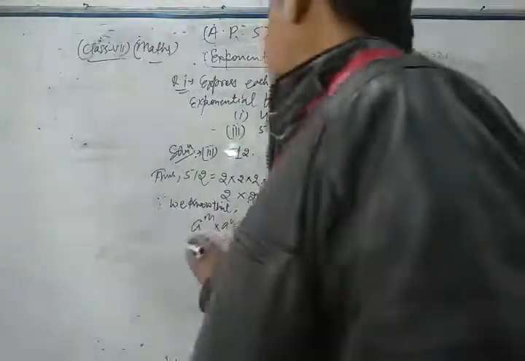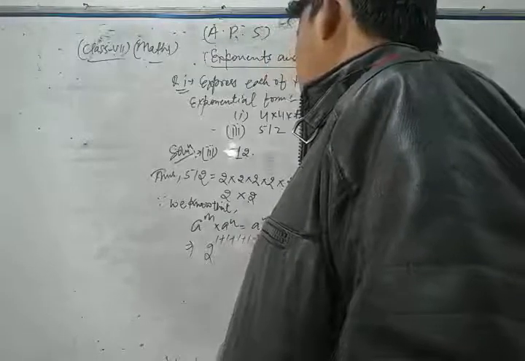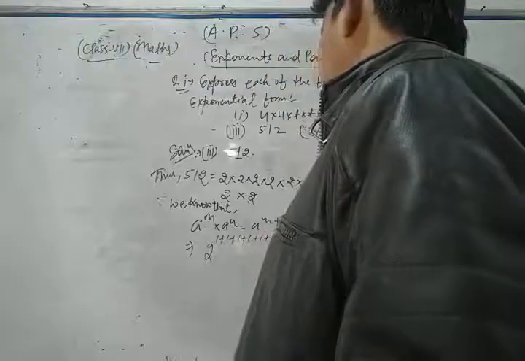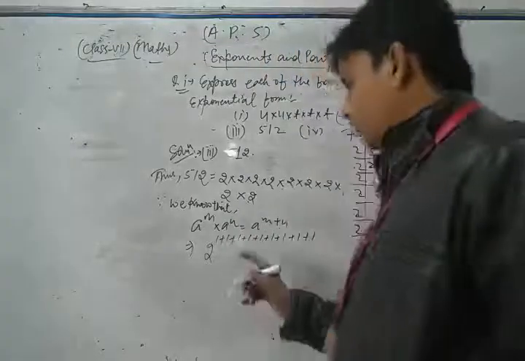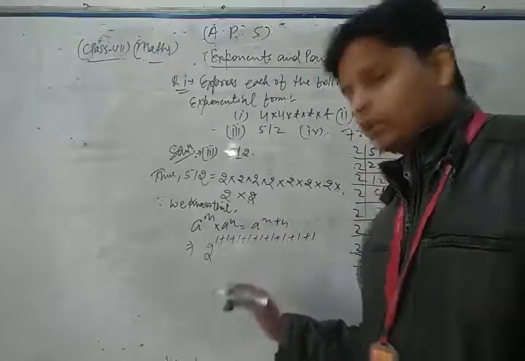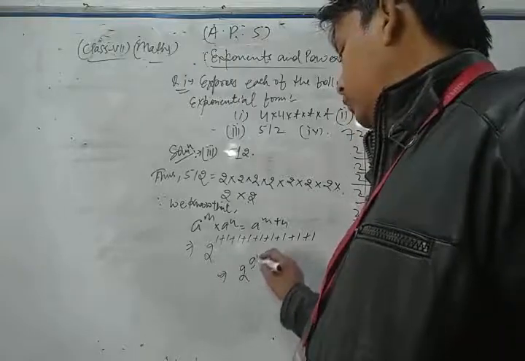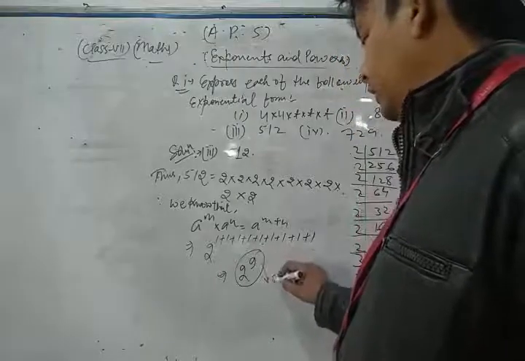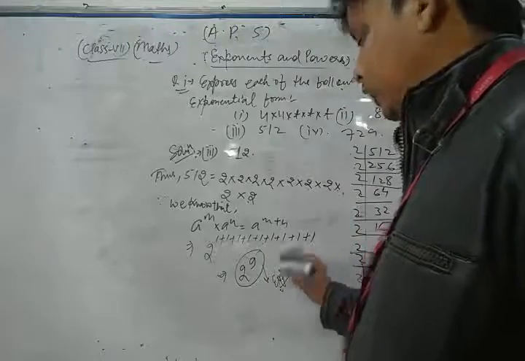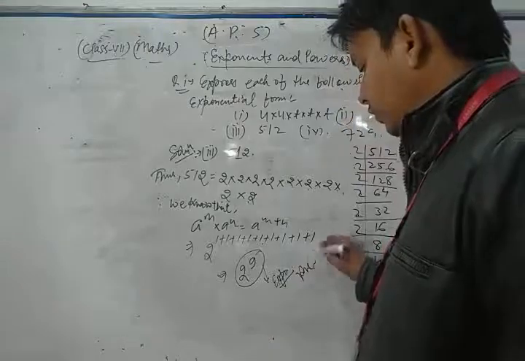So here we write 2 power 1 plus 1 up to 9 times. Now adding them, we get 2 power 9. So this is the exponential form of the given number. This is your required solution of the given question.